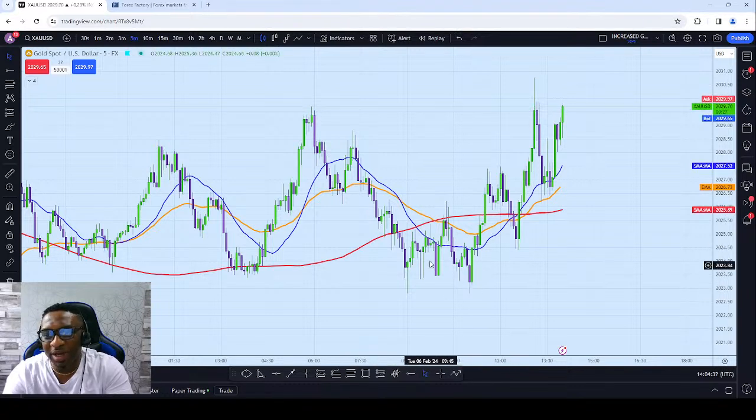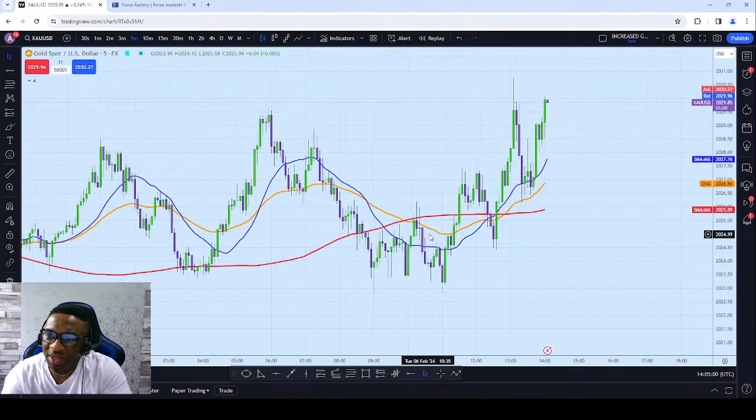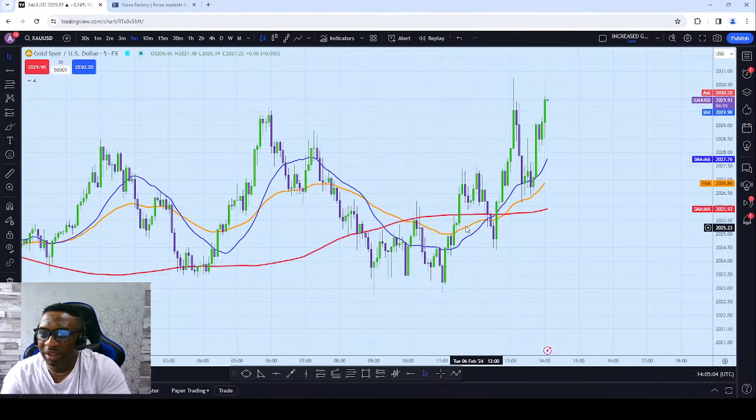So that means if you are trading gold, for instance, you have to have a little bit wider stops compared to some other symbols, considering how many wicks there are here.